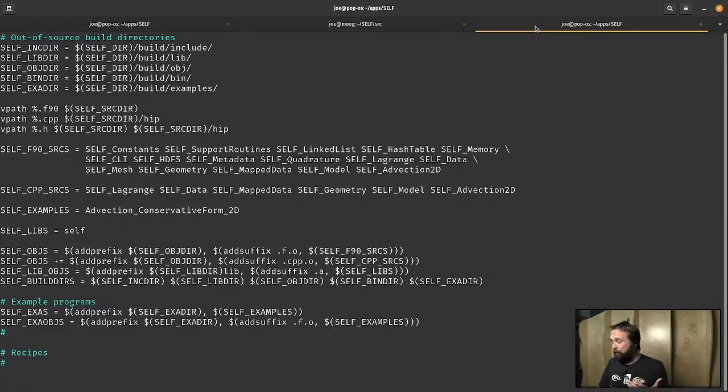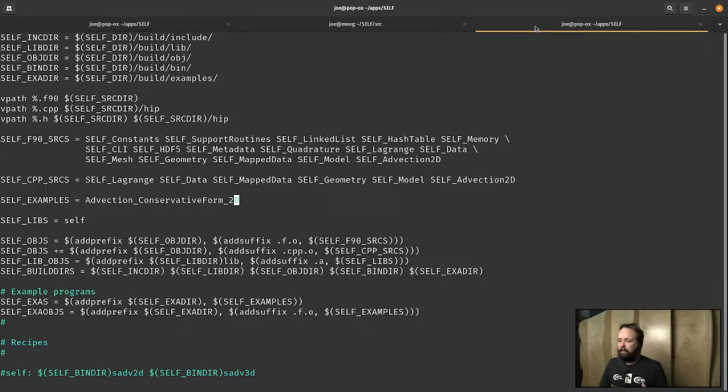If you add examples underneath the examples directory, again, you'll just list them up here in the self examples variable, so those all get compiled. And eventually anything in this examples list gets integrated into the testing suite to run. So I will be adding some stuff to make sure you have ways to throw errors or do assertion checking, so you can actually do correctness checking and all that stuff.